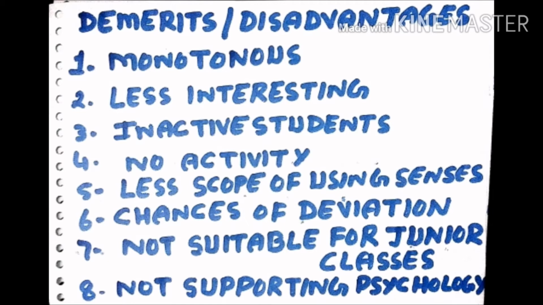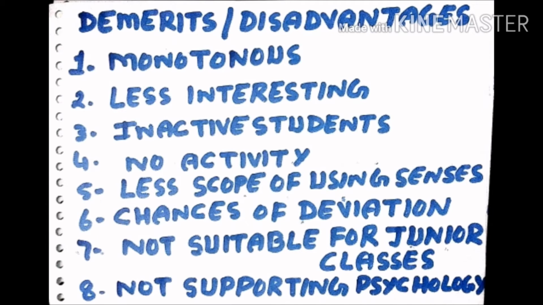During these kinds of conditions, students are bound to be in a monotonous situation, which psychologically is not good for learning, and in this process the students may get some boredom, and they may not find that lecture particularly interesting. The second demerit of the lecture method is that it is less interesting. Because of the monotonous process, it becomes less interesting to the students, and as a result students are not taking interest in that particular lecture.